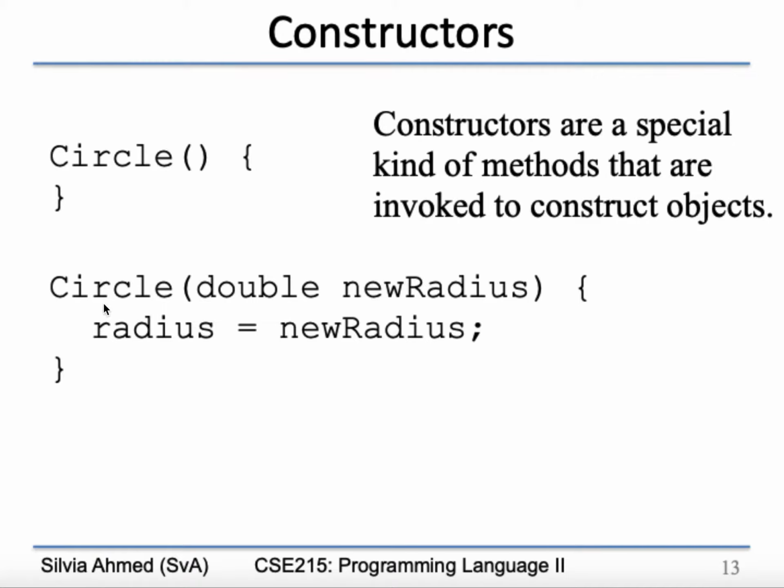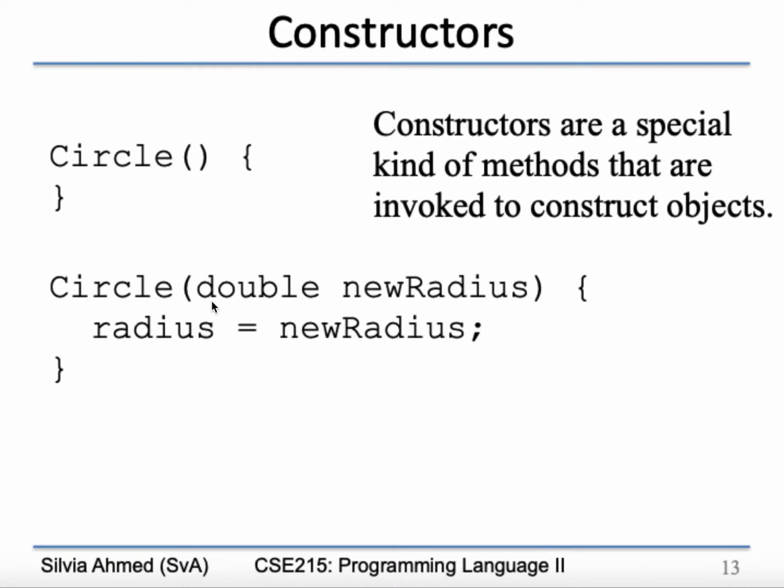We had another constructor with the same name, Circle, but this time we have an input parameter, double newRadius. What we do is initialize our radius data field with this passed newRadius value. So these are our constructors for the Circle class.